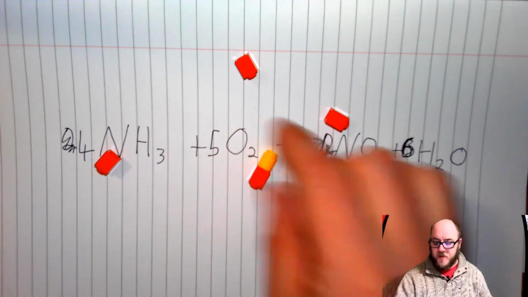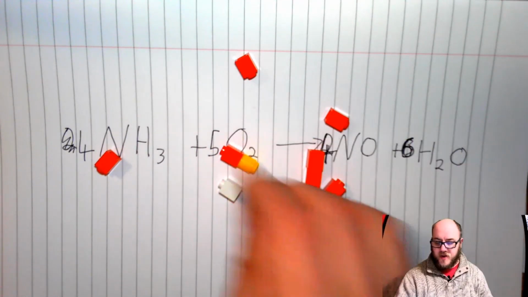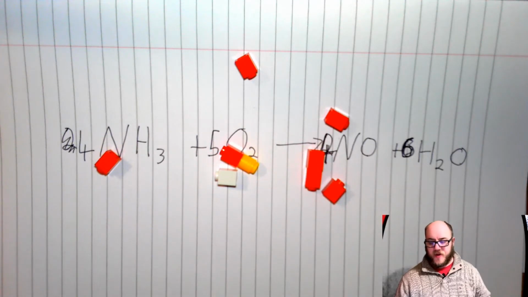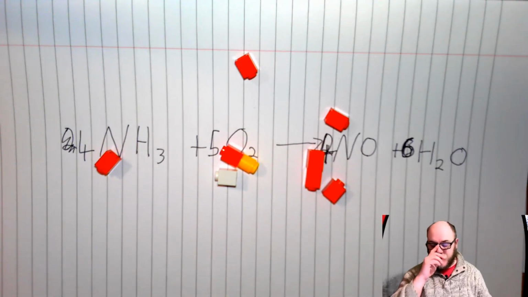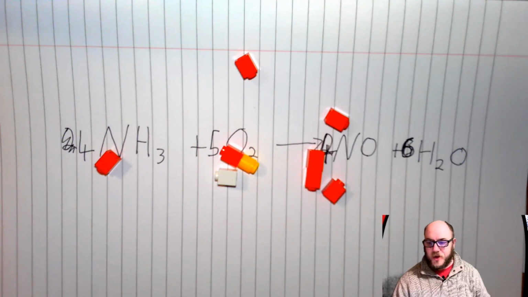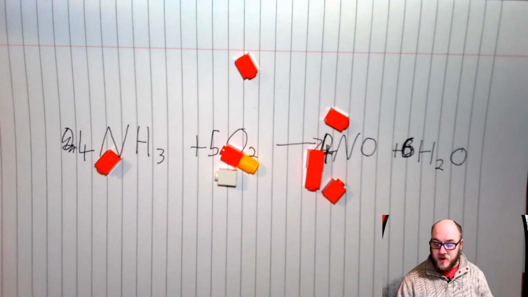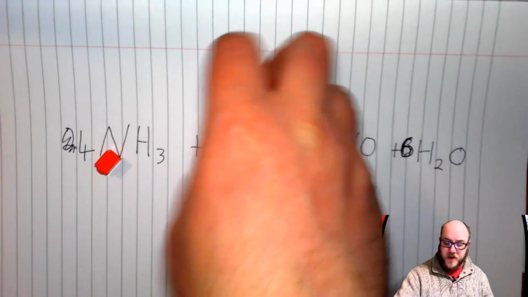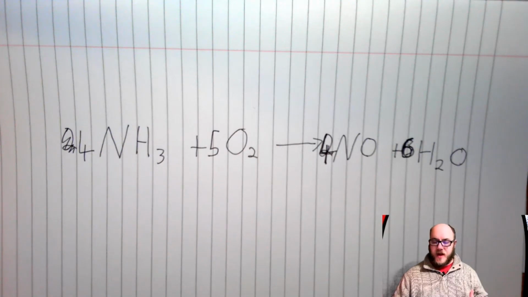So in my example, I had a yellow and a red and a white, and I could say, well, that was carbon, this was oxygen, this was hydrogen, for example. You could do it with marbles, counters, bits of card, bits of paper, drawings, anything you like. And that will help you to understand whether you've got it right or not.